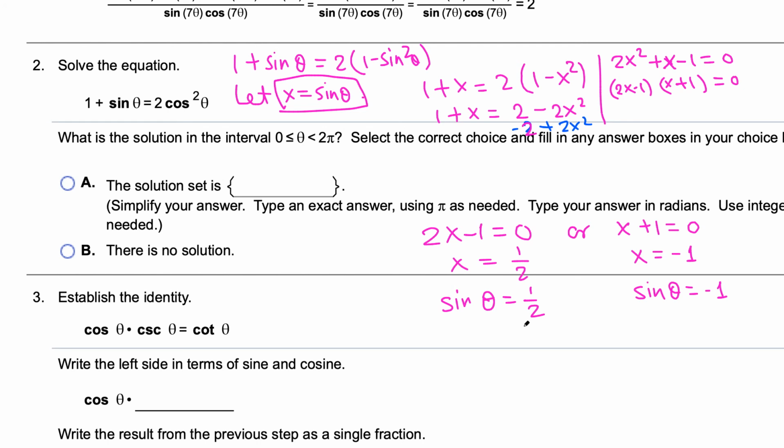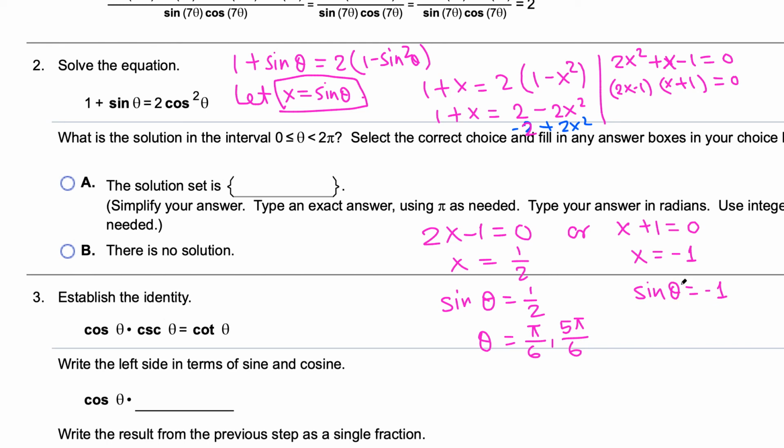Using the unit circle, sine is positive in first and second quadrants, and we know that sine pi over 6 is 1/2. Okay, sine pi over 6 is 1/2. You can check the unit circle. Sine is negative 1.